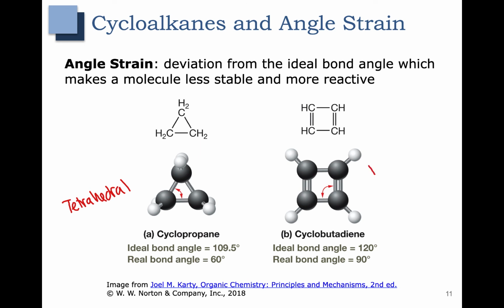So the geometry should be trigonal planar with an ideal bond angle of 120 degrees. But in cyclobutadiene, it's forced into this 4-membered ring with an actual bond angle of 90 degrees. Again, this is a highly strained ring system, and so this molecule is very reactive. That concludes 3-dimensional geometry for now.